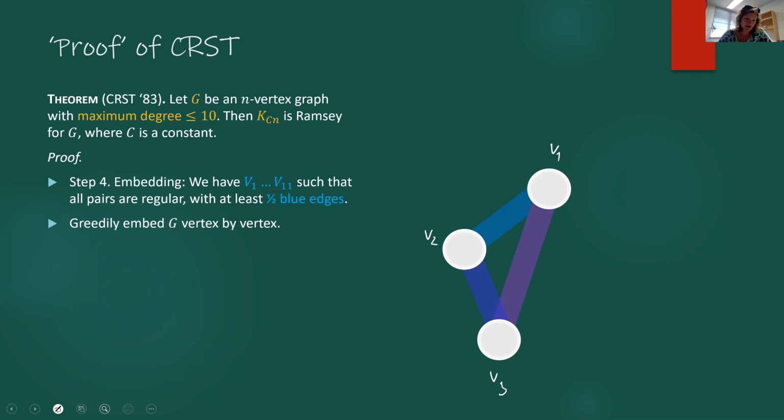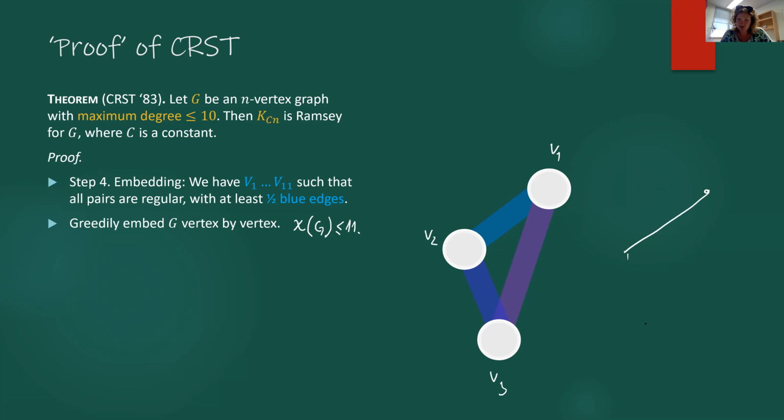But now I'll actually describe how we do the embedding. So the property of the graph G that's useful for us is that the chromatic number of G is at most 11, so that G fits inside those 11 parts. Why is that? Because the degrees in G are at most 10. So that means that you can put the vertices of G inside these parts so that all the edges go between the parts. Let me give myself a simple example graph here.